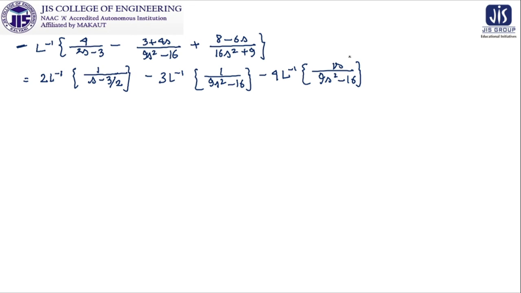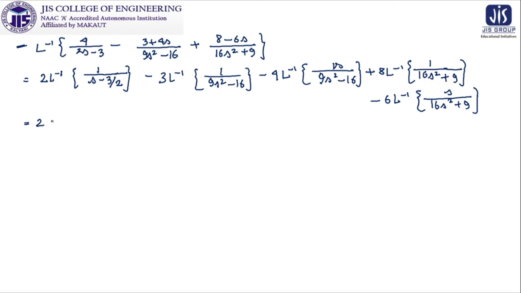Okay. Similarly, plus 8 Laplace inverse of 1 by 16s square plus 9, then minus 6 Laplace inverse of s by 16s square plus 9. So in the first line, we have done the distribution using the linearity property.